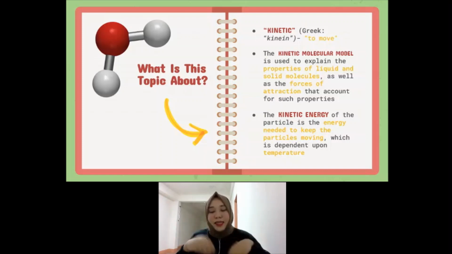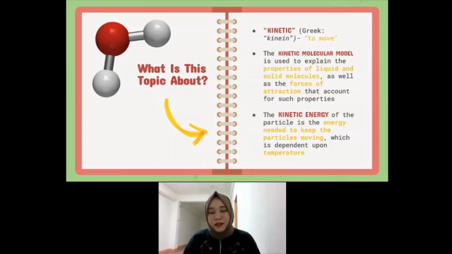Now, as I have mentioned before, the particles in solids have different behavior from the particles in liquids and gases. And because the behavior or interaction within these particles differs, the forces of attraction that bind these particles also vary. So this is basically explained by the kinetic molecular model.